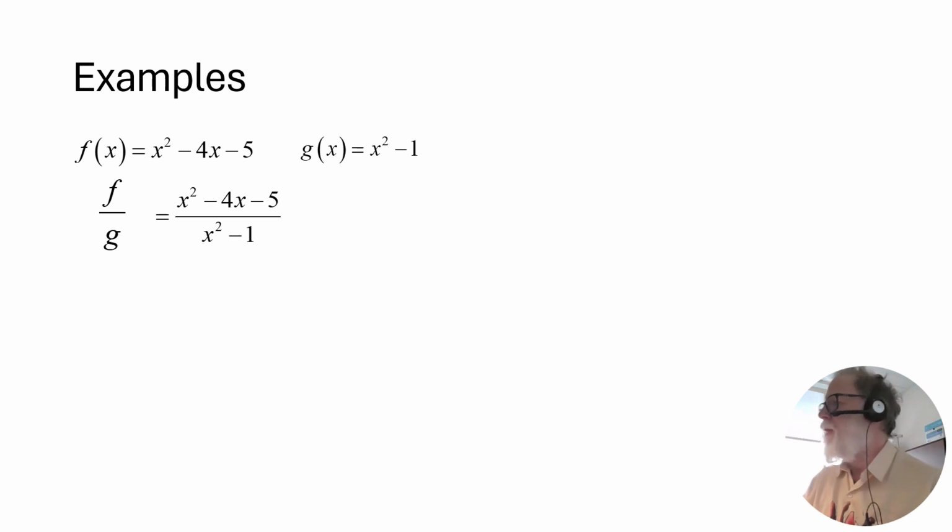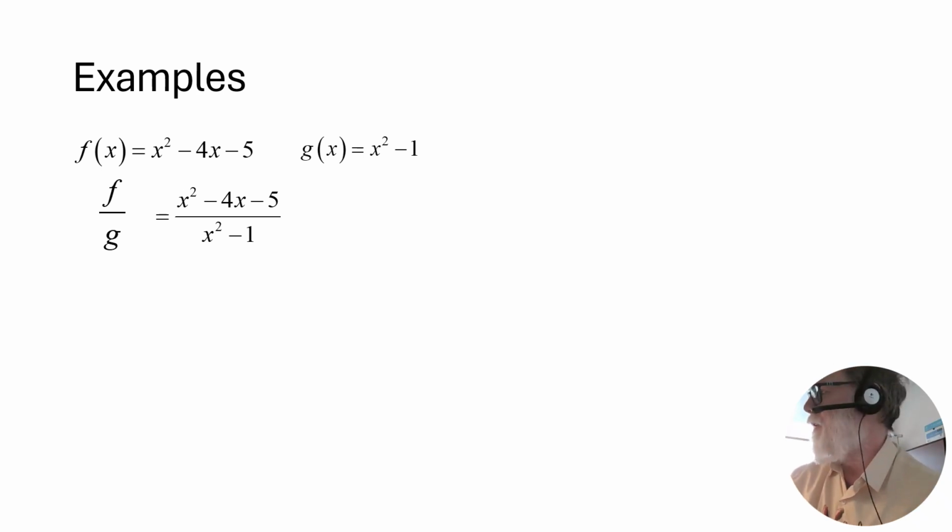Boom. The only other thing to do after this is check to see if you can simplify. Everything should be simplified. And if you recall, what we did in Unit 1 when we were looking at rational equations, we factored the numerator and factored the denominator and then saw what we could cancel.